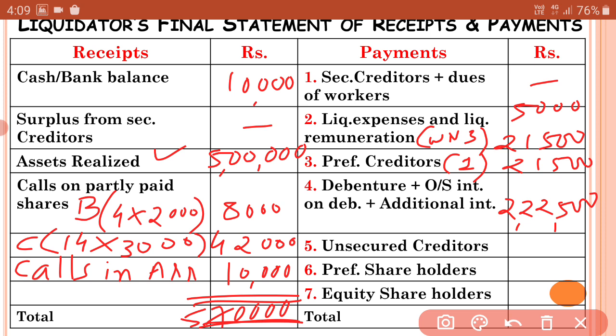In the working note 5, we write the debenture 2 lakh plus outstanding interest is 15,000, and additional interest is 7,500 for 3 months. Then unsecured creditors 53,500 in the working note 2. Then preference shareholder 2 lakh, as per the direct liability side given.